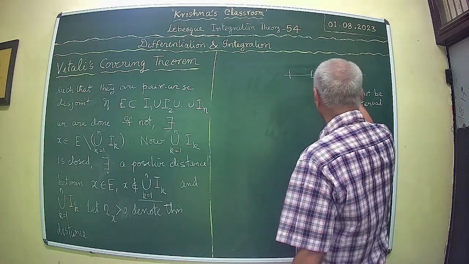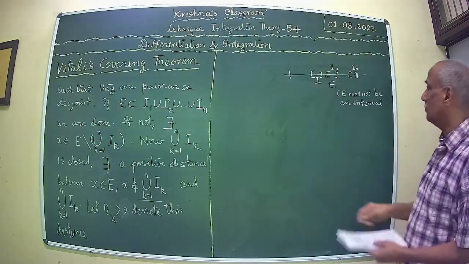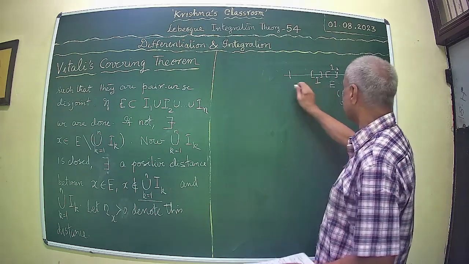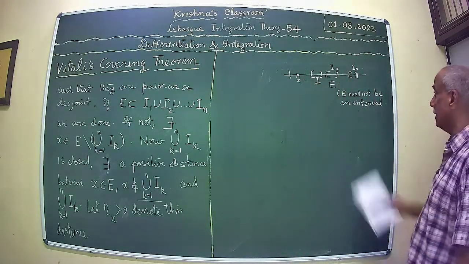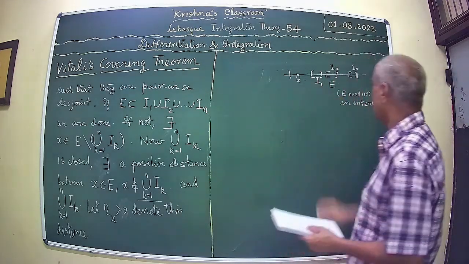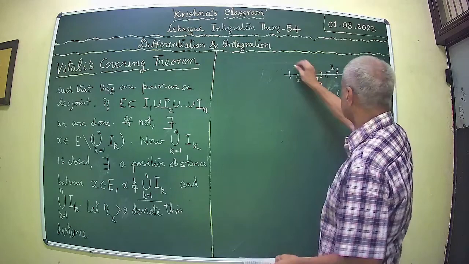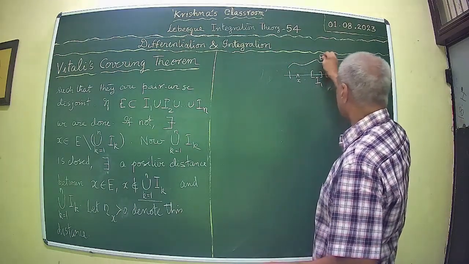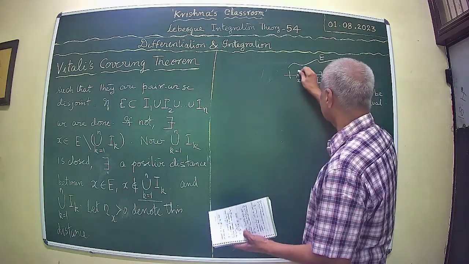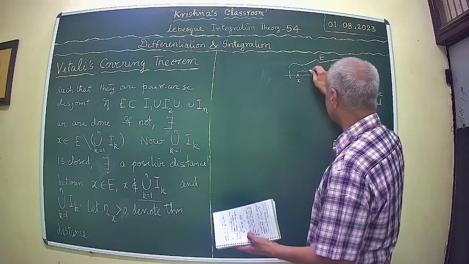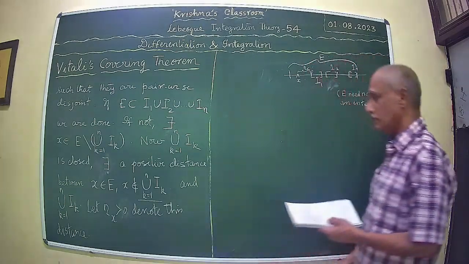And suppose there is an x which is not in the union of I1, I2, ..., IN, but x belongs to E. It's not a distance to I1 but to the union. So this is equal to eta x, a positive distance.